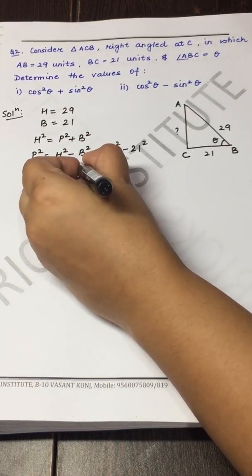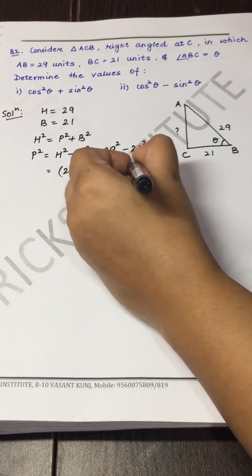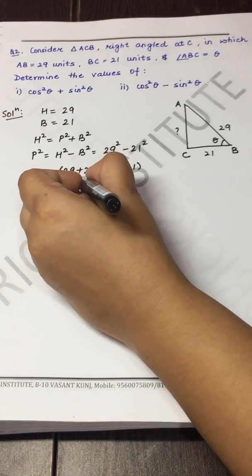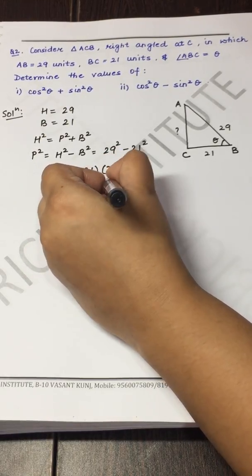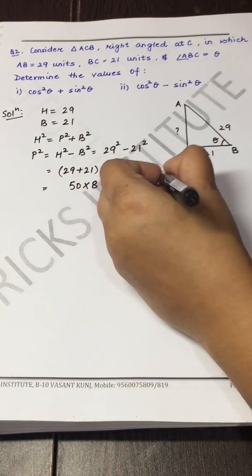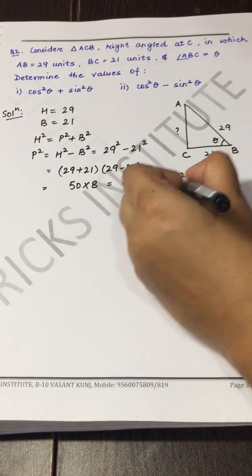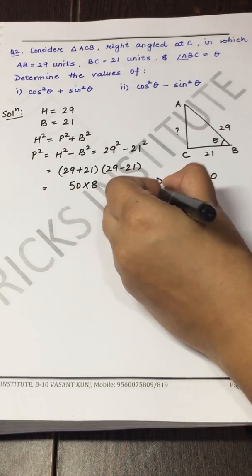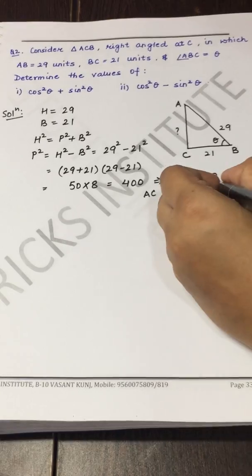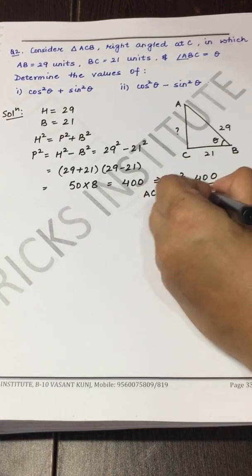So 29 plus 21, 29 minus 21, that will give you 50 into 8, which is equal to 400. So p square is equal to 400. So your perpendicular, or we can say AC, is equal to 20 units. Now we have everything, we just have to substitute the values.